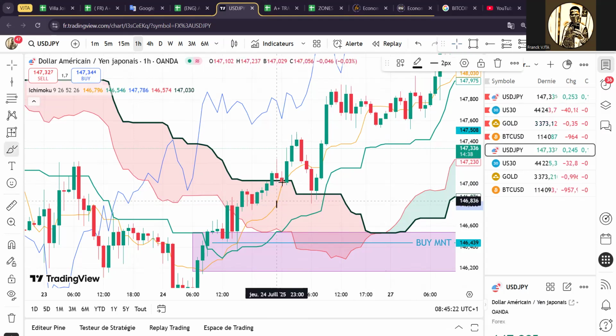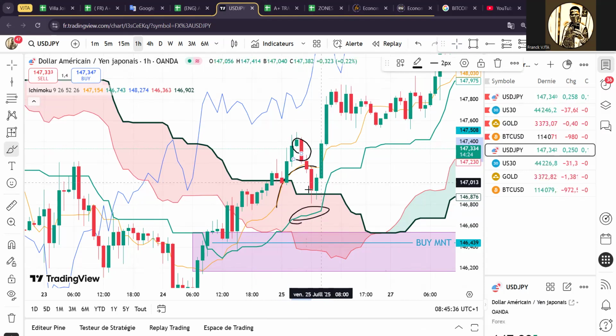When Tenkan goes out of the cloud, above the SSB like that, and Kijun is still in the cloud, it is a particular phenomenon called SSB inverted, because even though the candle is still here above the cloud, I expect the candle to come and touch SSB before the price continues to the upside. I'm not thinking about a huge reversal.